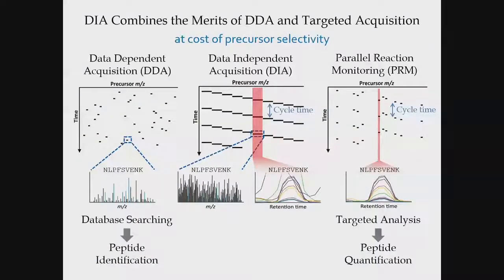Okay, so this is basically the way I think about the three main data acquisition strategies you'd use on an Orbitrap mass spectrometer. There's, of course, the most common, data-dependent acquisition, where you semi-randomly trigger MSMS dependent on events in the MS1 space. So if you ran the same sample twice, you probably will not get the same pattern of MSMS sampling.